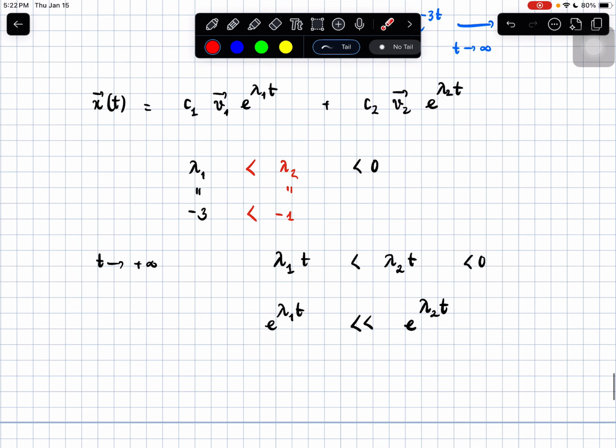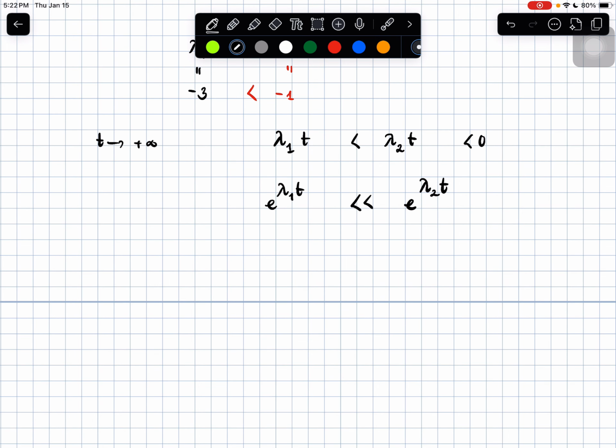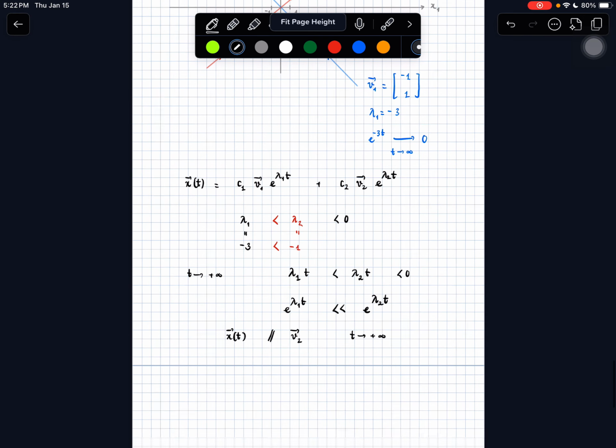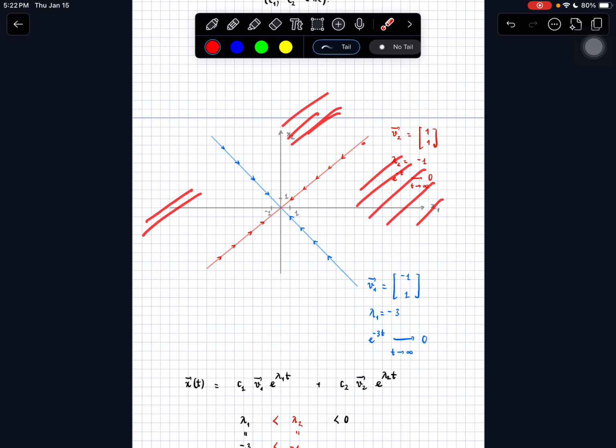It will tend to 0 so fast. This term disappears, and only the other term is left. So the solution x(t) will be parallel to vector v2 when t tends to infinity.